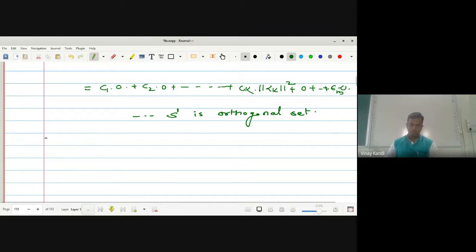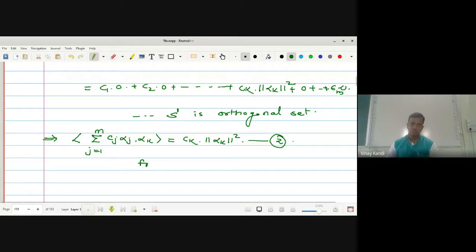So here we get the left hand side, summation j running from 1 to m of Cj alpha j, with alpha k, is equal to Ck into norm square of alpha k. This is equation number 2.